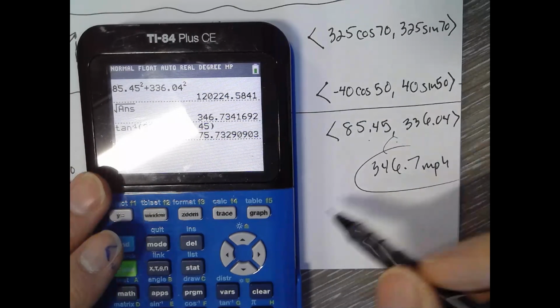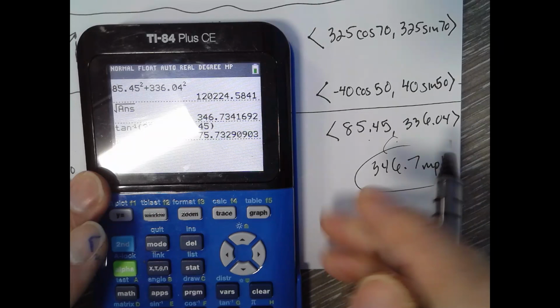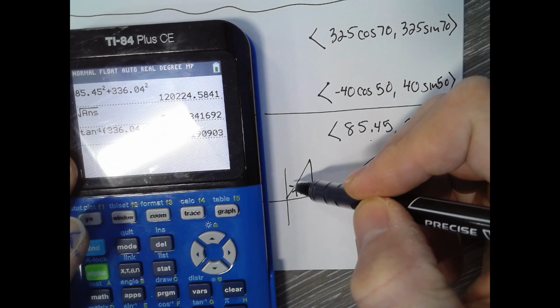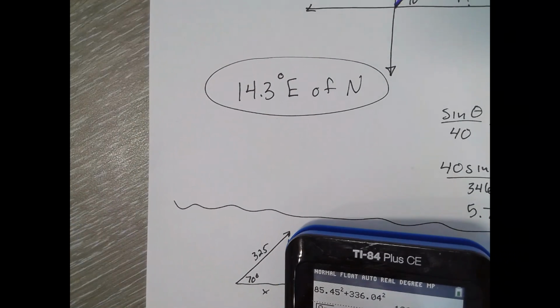Okay, so that's the angle that it makes with the horizontal. If we want to know this, it'd be 90 minus our answer. We get 14.3 degrees right here, 14.3 degrees east of north, and that's what we had up there also, 14.3 degrees east of north.